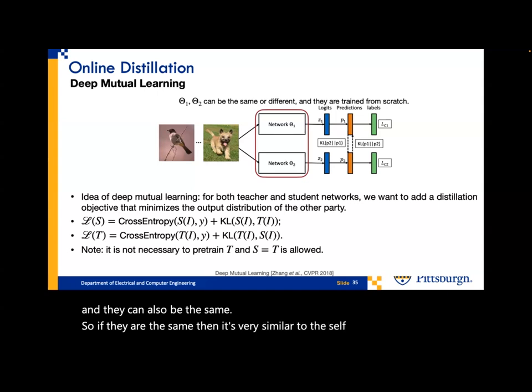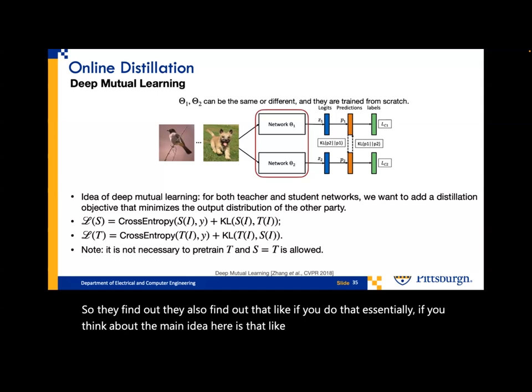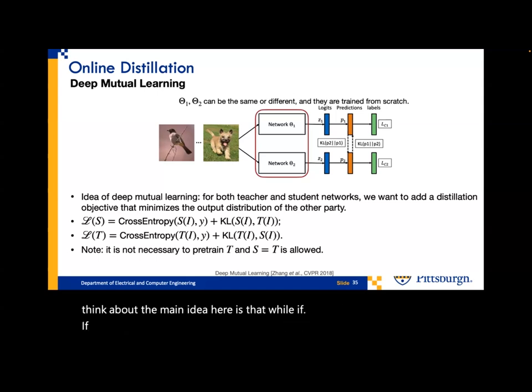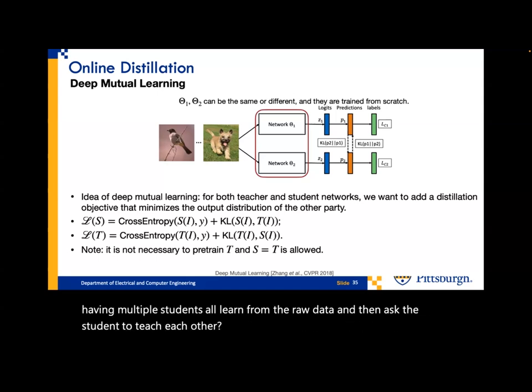So if you think about the main idea here, it is that if one student is not very good at learning from the raw data, then I have multiple students all learn from the raw data and then ask the students to teach each other. So that's the key idea. Does that make sense?